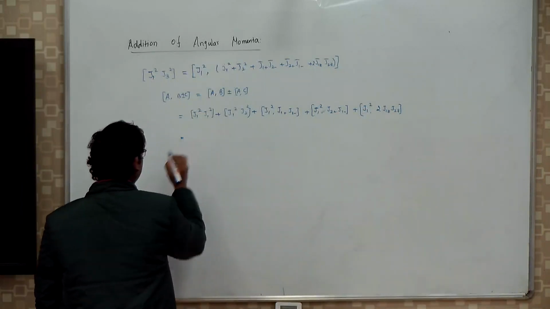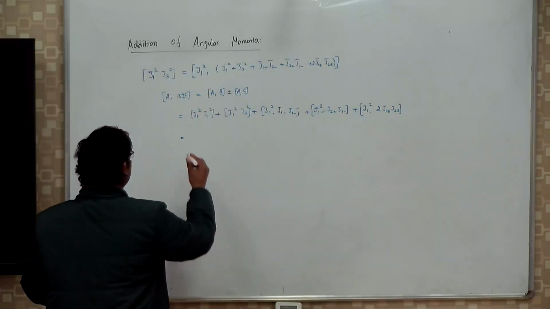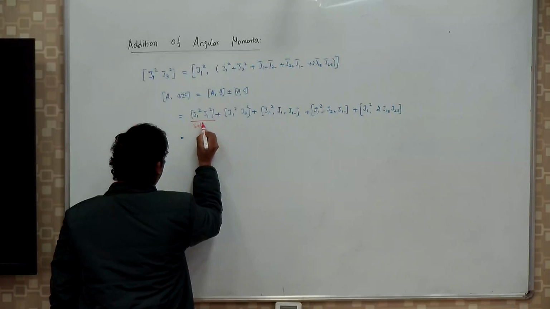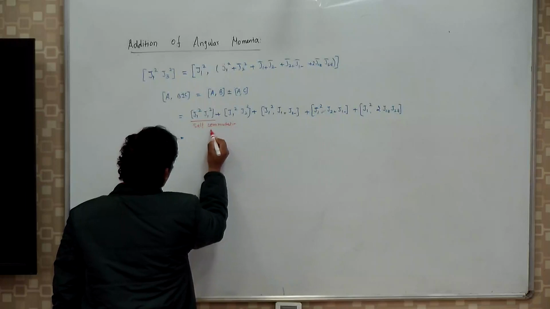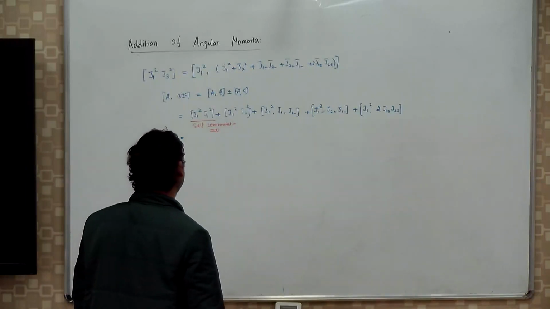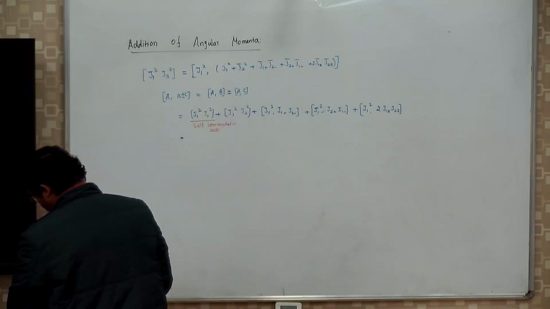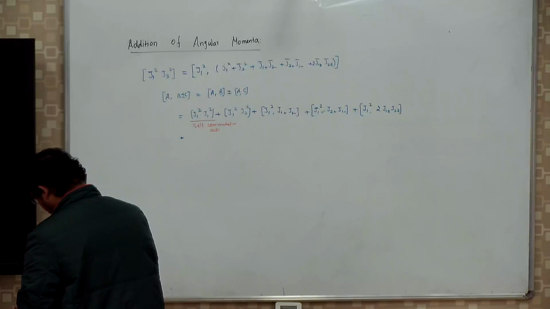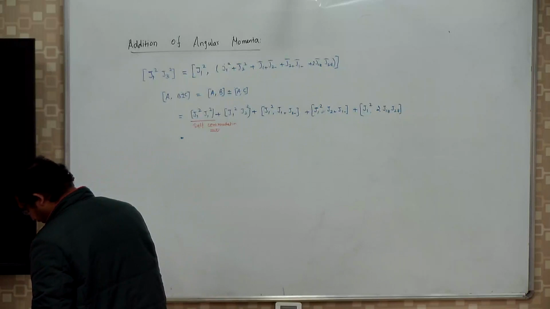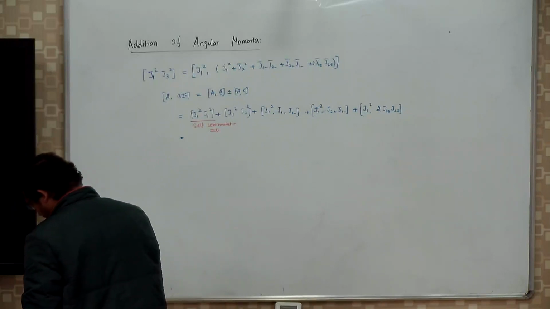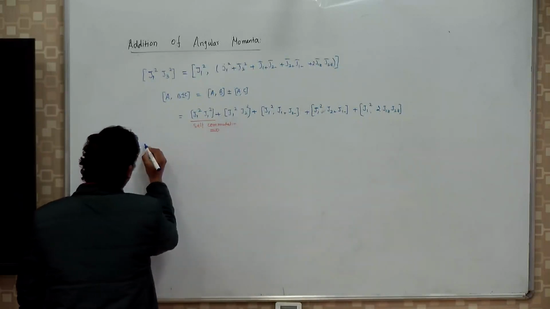This first one is nothing but a self commutation, which is 0, so we need not worry about that one. And check it, J1 squared and J2 squared also becoming 0.